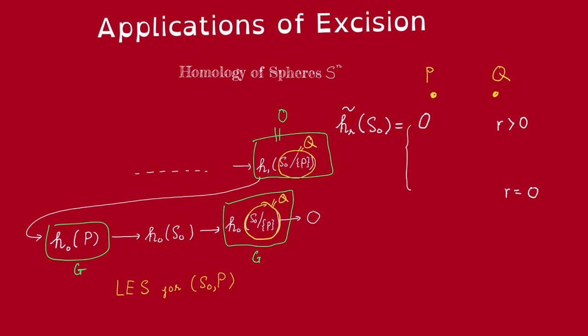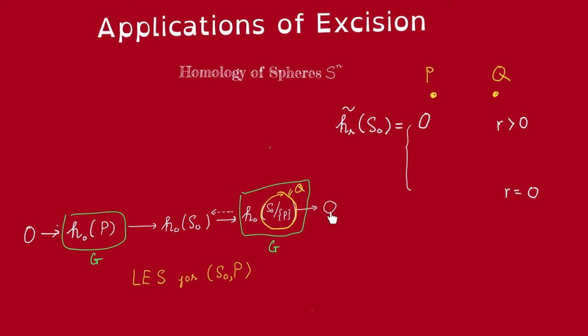So those are G. Moreover, we have a section here induced by the inclusion of Q into S0. Thus here we actually have a split short exact sequence. So H0 of S0 is just gonna be the direct sum of these two terms. Thus H0 of S0 is isomorphic to the direct sum of two copies of the coefficient group, whereas the reduced homology group in degree 0 is just gonna be isomorphic to the coefficient group.